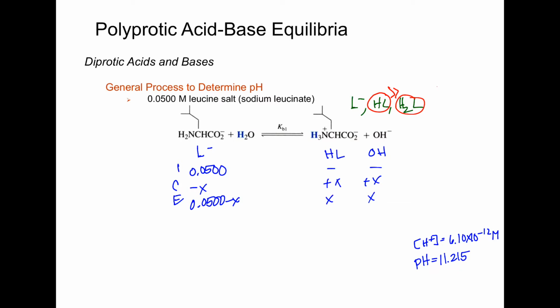To find those concentrations, we can find the L concentration. L minus is 0.05 minus the hydroxide ion concentration, which, when we calculated X, was 1.64 times 10 to the negative 3.